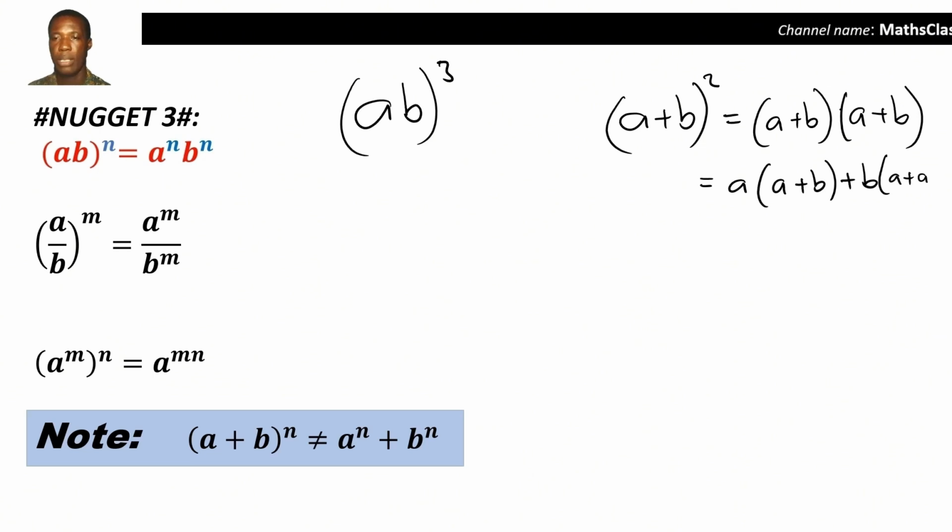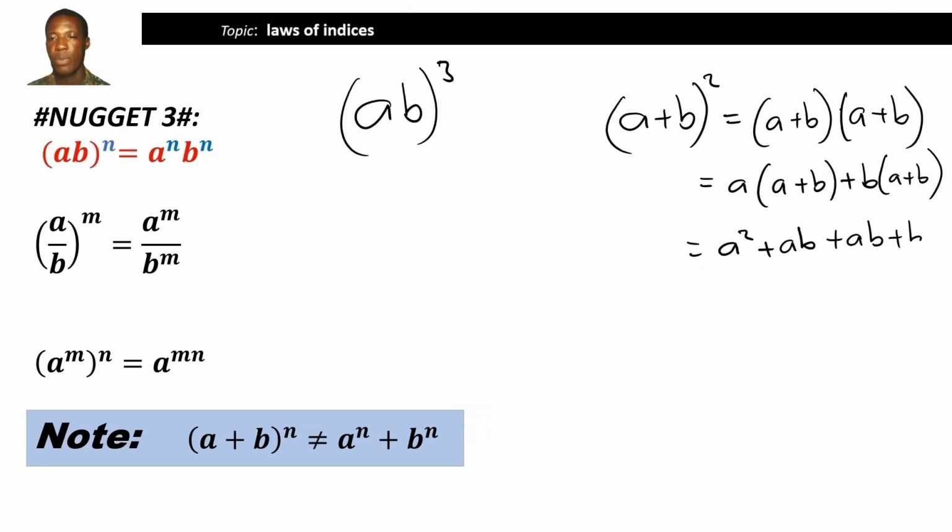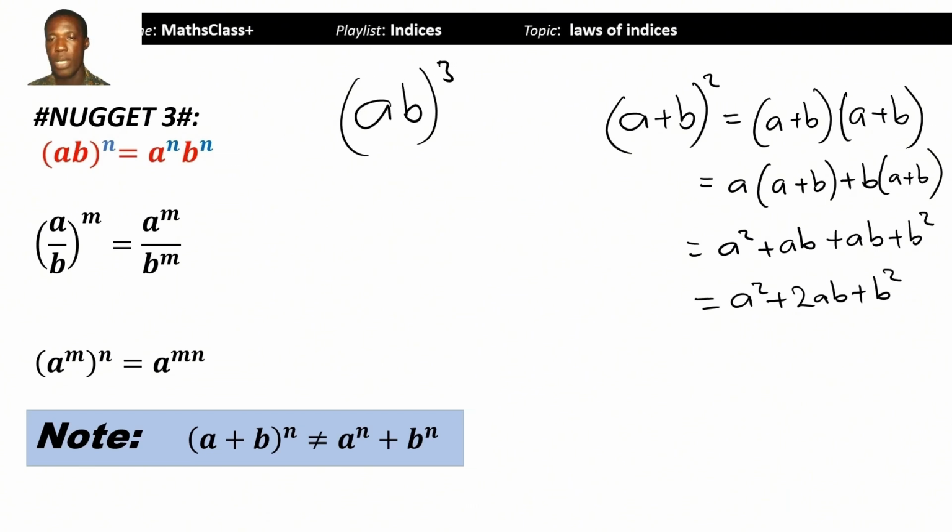I hope you remember this. Okay, so now let's expand each bracket. So I have a squared here plus ab plus another ab plus b squared. This will give us a squared plus 2ab plus b squared.